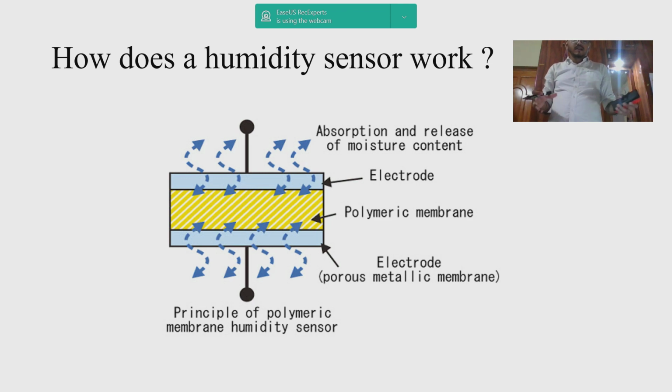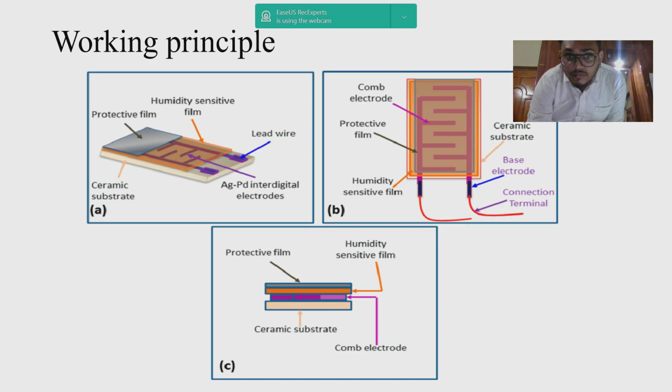When the humidity is collected by the exposed probe, the difference in thermal conductivity is perceived by the sensor and calculated. This is all about the types of humidity sensors.